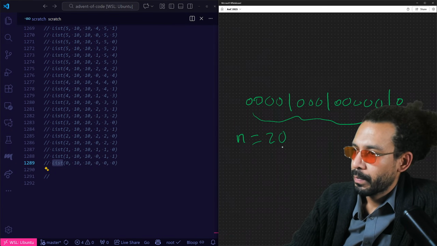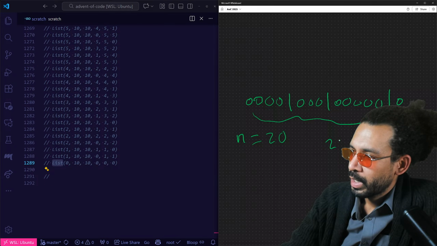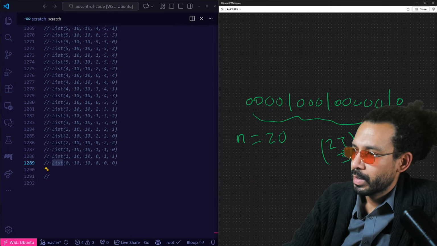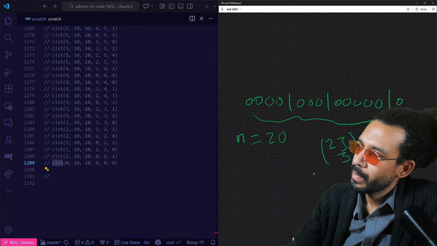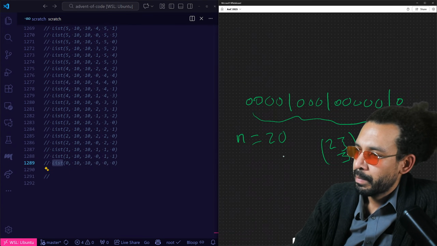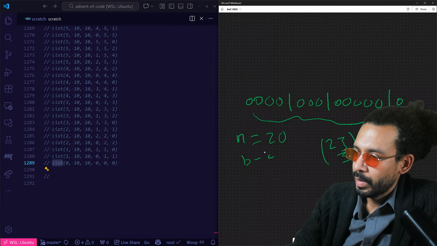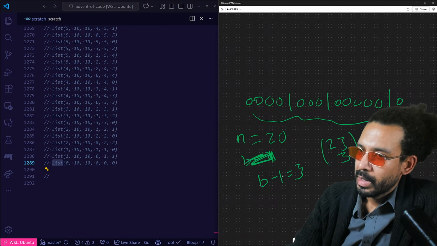Let's say it's 20. So this would be 23 choose 3. Choose three indices to be the boundaries. And that's not bad if you know, b minus one. Wait, b minus one. So that's supposed to be a three.